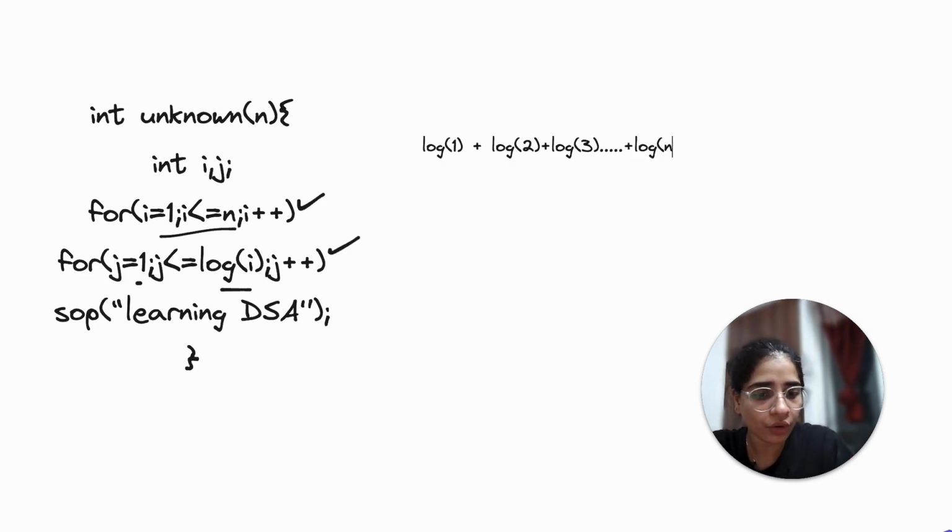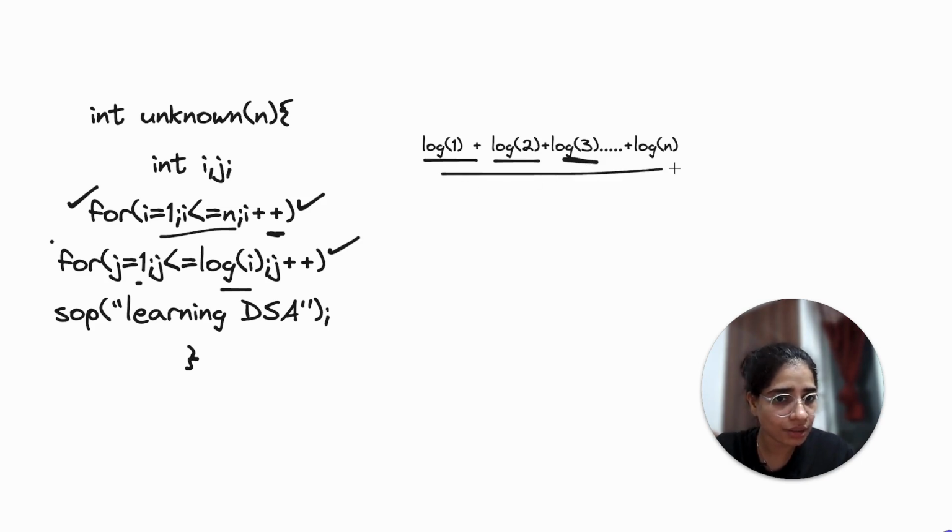So what is going on here? For the first loop, I'm trying to calculate how many times the inner loop is going on. With i equals 1, it will go on till log 1. It will go on till log 2 the second time. For the third iteration it will go till log 3. So what is the summation of all this?